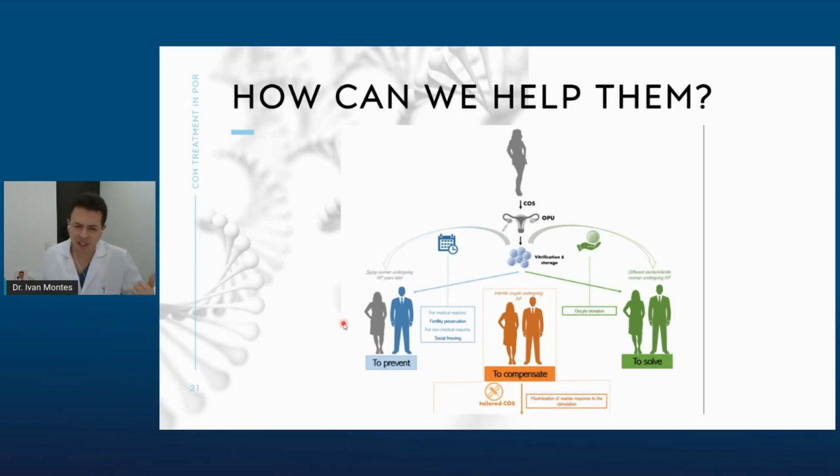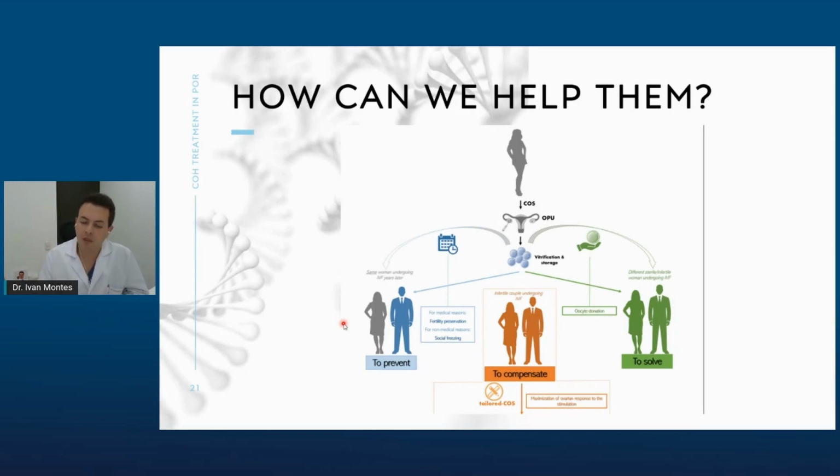Her FSH levels are a little bit higher than the normal for the expected age, and then the anti-Müllerian hormone is not the same as you expect at the age of the patient.